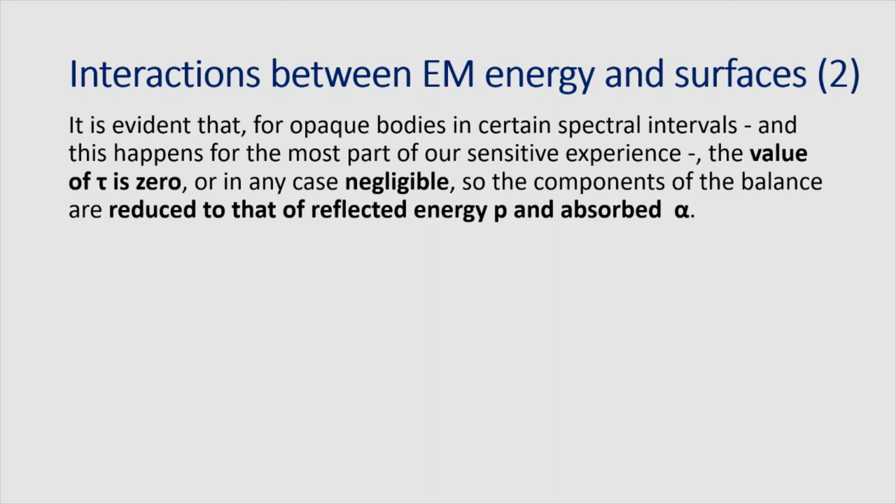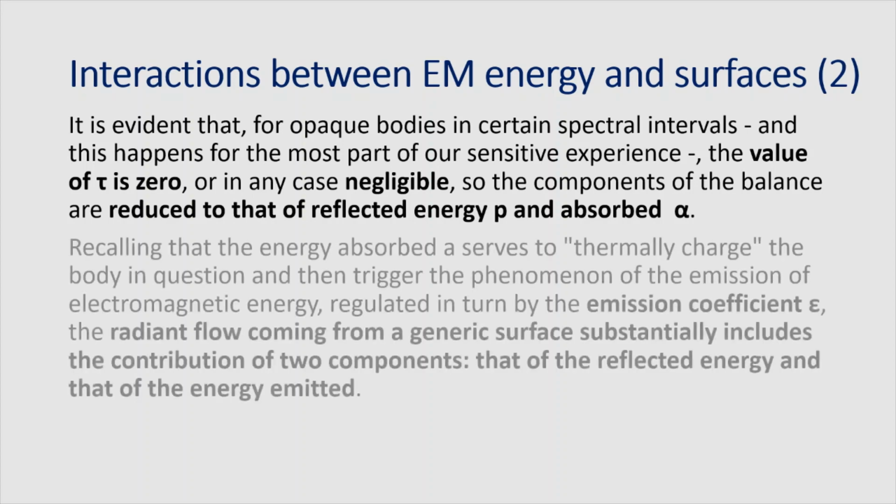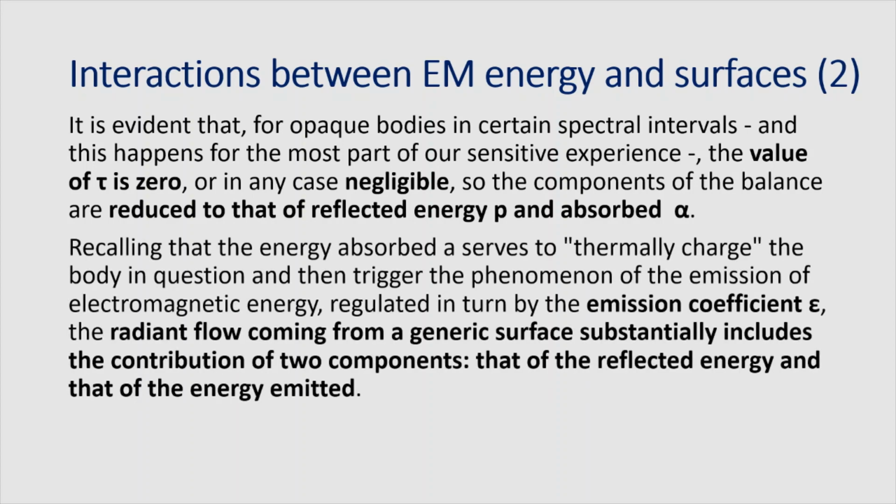So the components of the balance are reduced to that of reflected energy rho and absorbed energy alpha. For example, looking at a wall or a table, apart from glasses, most of the surfaces in our real experience are to be considered opaque, so the transmission coefficient is negligible.